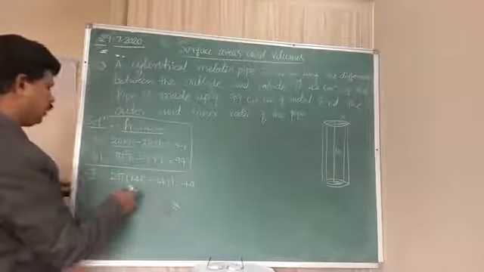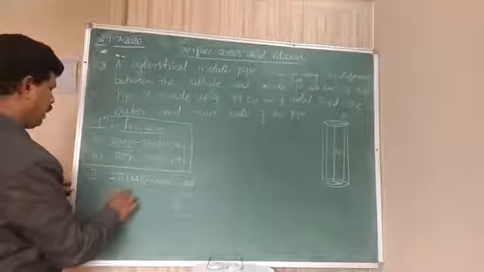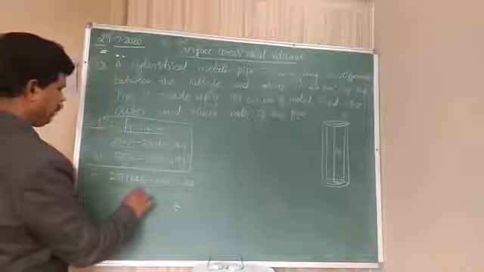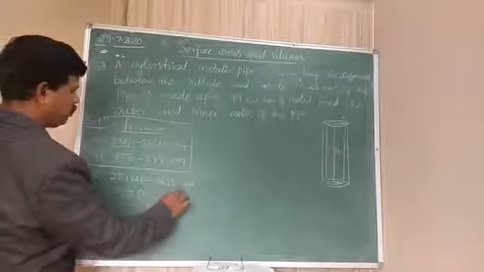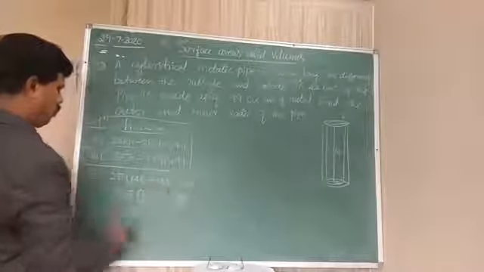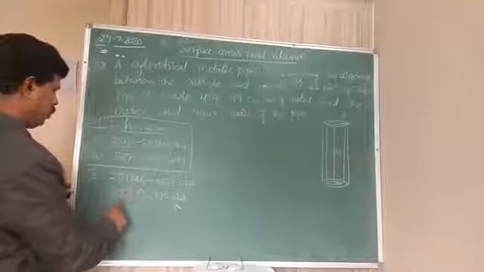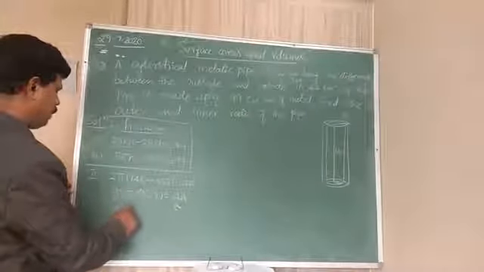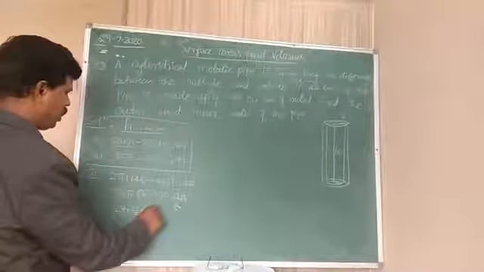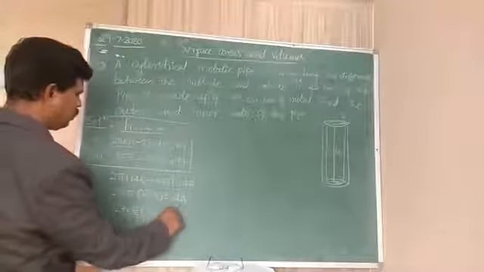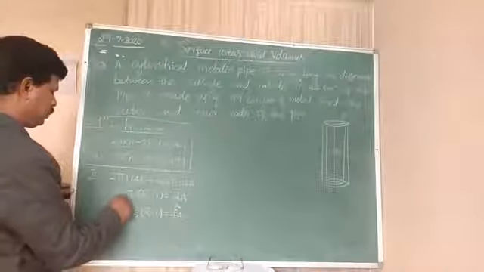You can take 14 also as common. 14 into 2, 28 pi into R minus r equals 44. Now 28 into 22 by 7 into R minus r equals 44. 7 fours are 28.